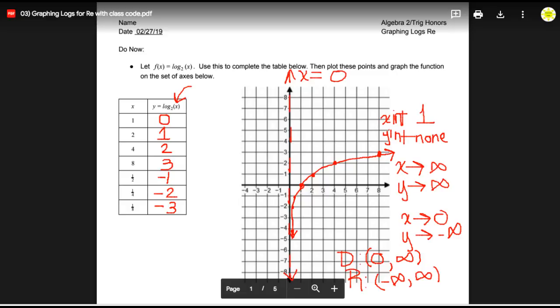Okay, so at this point, you have your whole front page of the worksheet filled out. The next thing you're going to do is you can work with one other person, and on the back we have a link. So I'm going to erase this now.